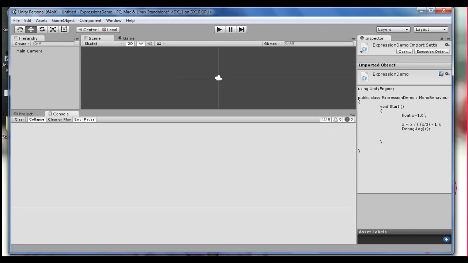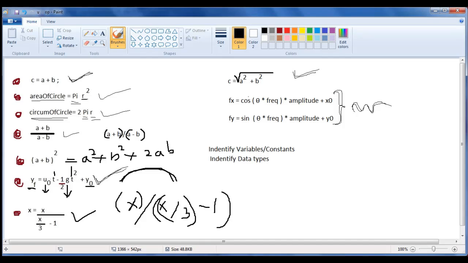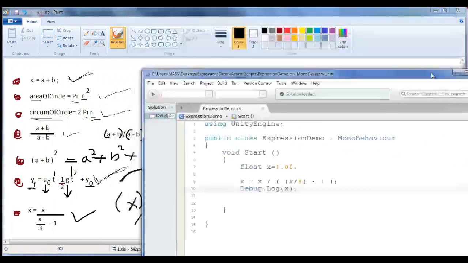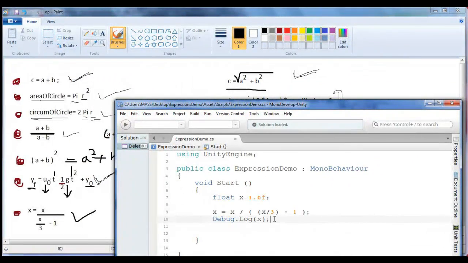Now let's take the next one. The next formula is c is equal to square root of a square plus b square. How do we do that? Here we have three variables, so I just create three variables: float a, b, c. This is the Pythagoras theorem, right?